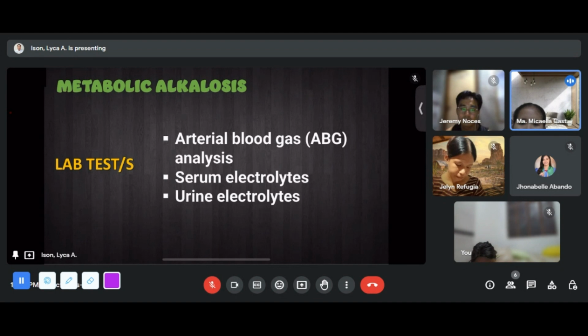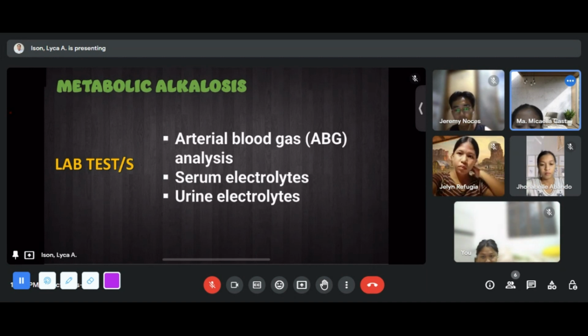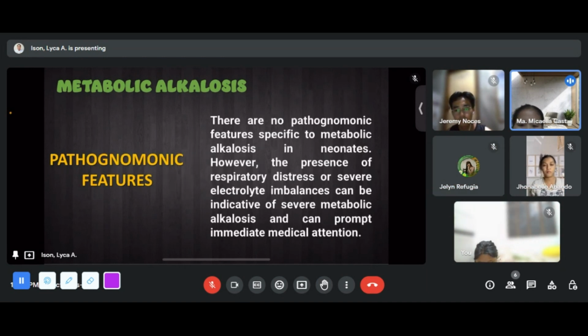Yung lab test is arterial blood gas, ABG analysis, serum electrolytes, urine electrolytes. Same din lang sila ng metabolic acidosis. Next. So, there are no pathognomonic features specific to metabolic alkalosis in neonates.